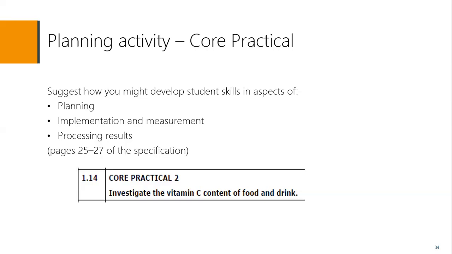In the chat box, put a few ideas on the practical skills that you could teach using this practical. It's a core practical, all students are expected to do it. Very quickly, the practical skills that you might develop.